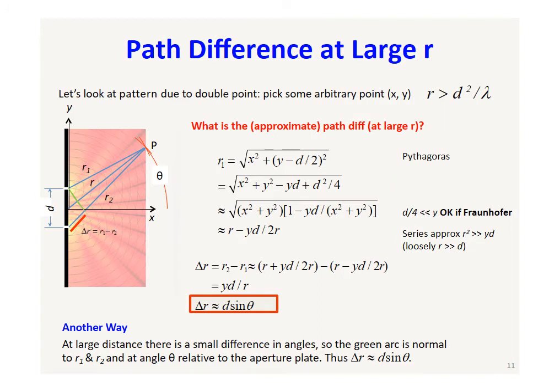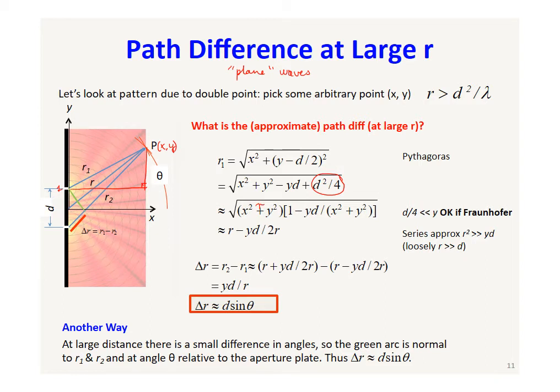So let's have a look at the path difference between our two plane waves at a large r. We're going to consider the electric field at a point P at some arbitrary point xy. So r1, the distance from slit number 1 to the point of interest, we can work out that distance using Pythagoras, and then we can do a series of approximations such as dropping this very small d squared on 4 term.